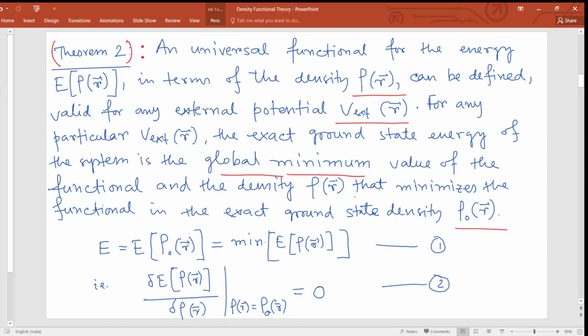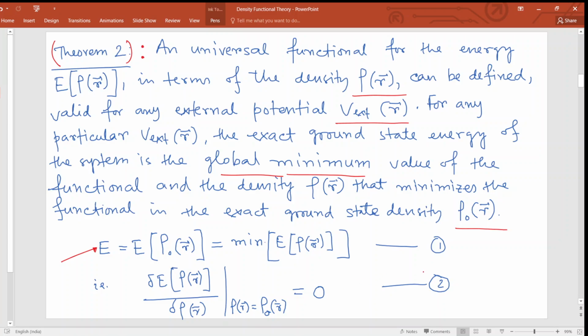Okay, so it's basically kind of like an extremum method. If I want to know the ground state energy, then I have to find out the minimum of this. How? So we have to take the derivative of E with respect to rho r, and whichever rho satisfies this, that will be the value.